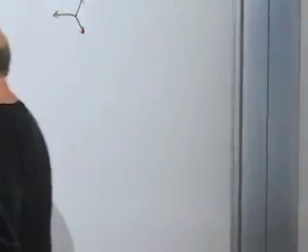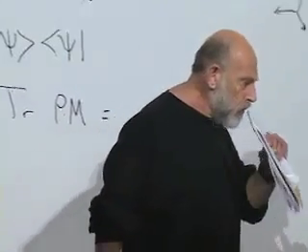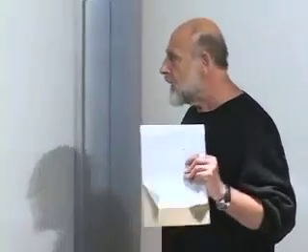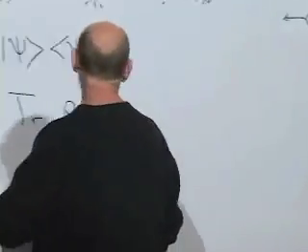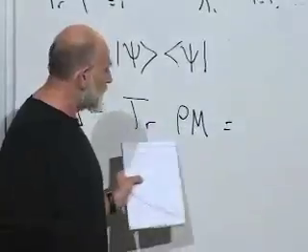Let me remind you the definition of the trace of a matrix. You take any basis whatever. The trace has the property that it doesn't matter which basis you calculate it in. It's an invariant under changes of basis of the vector space. All right, but in any case, we take some basis. It doesn't have to be the basis in which rho is diagonal.